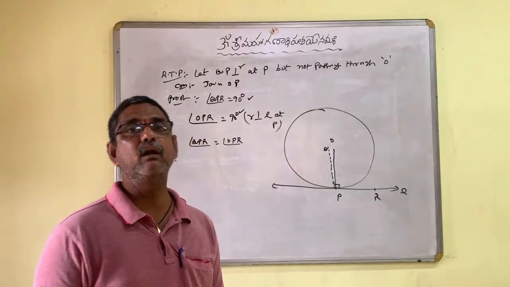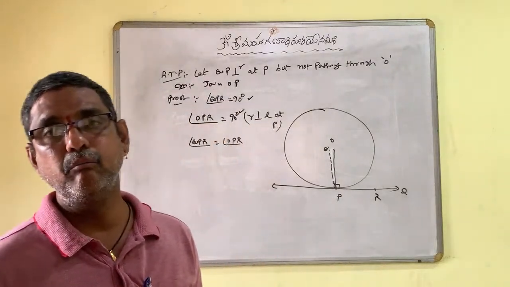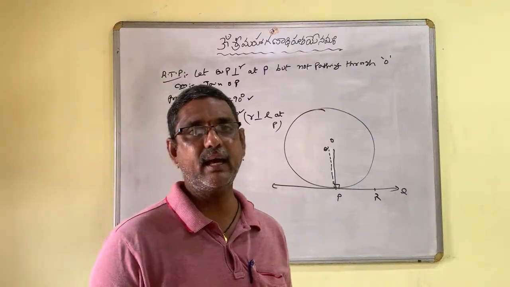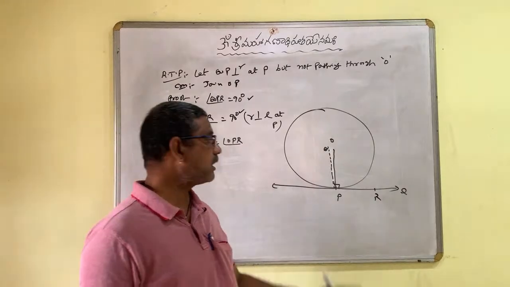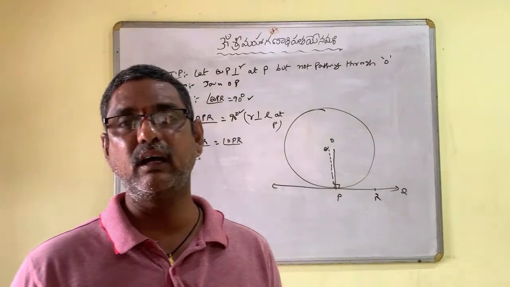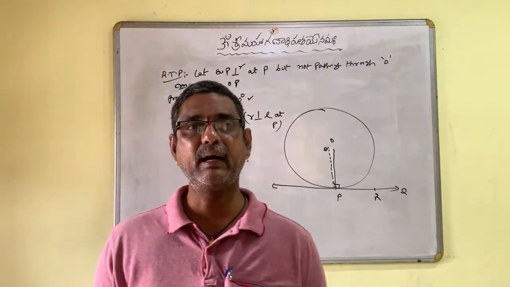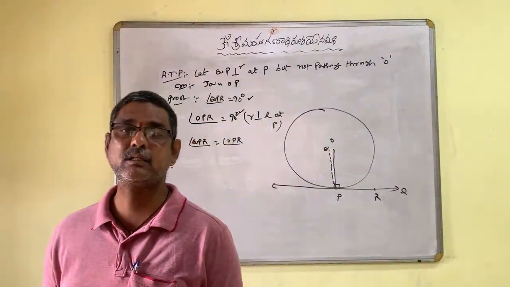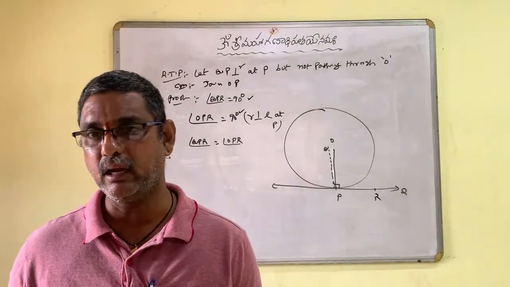That means the perpendicular drawn at the point of contact must pass through the center of the circle.